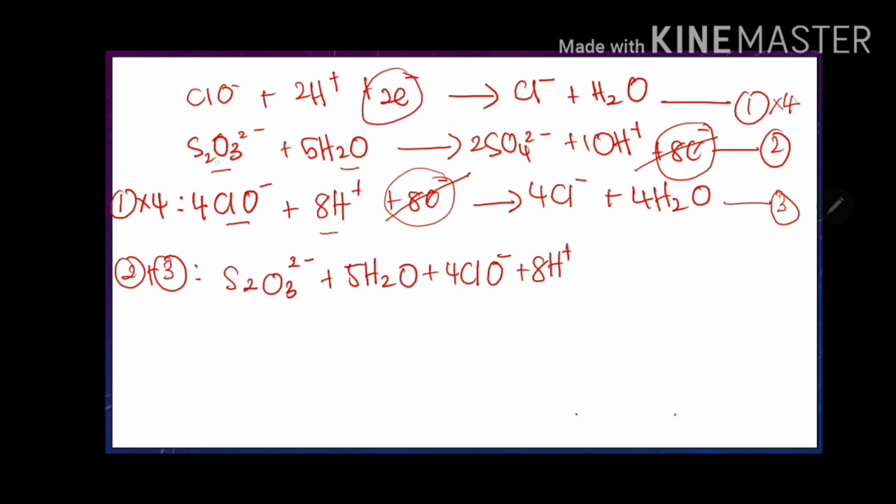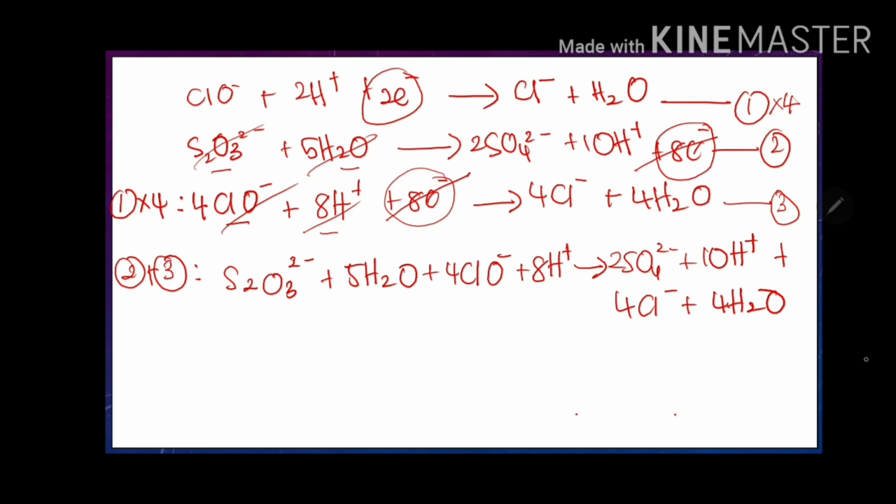So we have finished all the left side. No need to write 8 electrons because it is already cancelled. On the right side is 2SO4 2 minus plus 10H plus plus 4Cl minus plus 4H2O.